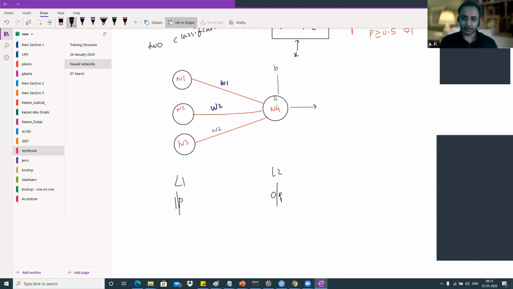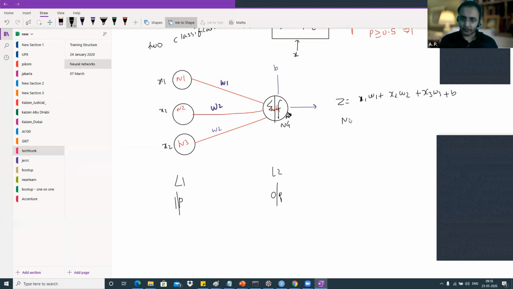If this is the N4 neuron, I'm going to write it here. The first step is weighted sum, and the second step is activation function. So I can say the weighted sum is, if these features are x1, x2, x3, with n1 representing x1, n2 representing x2, n3 representing x3, x1 w1 plus x2 w2 plus x3 w3 plus b.